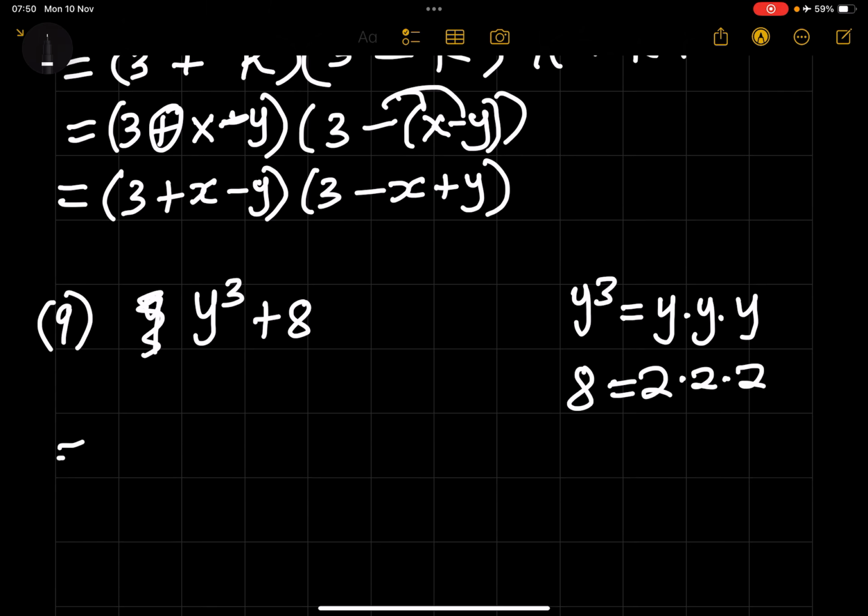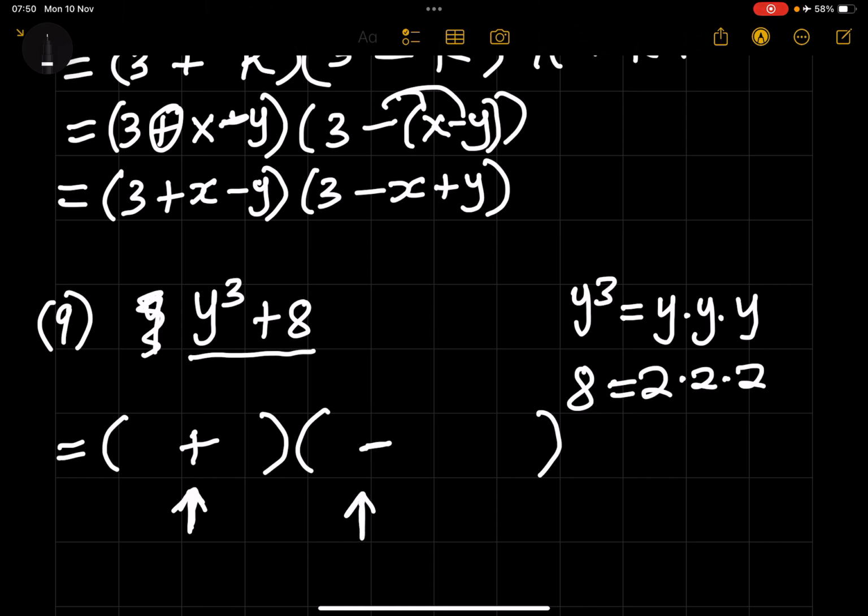So for cubes, you always open a small bracket and a bigger one, because you're going to have 2 terms in the first bracket and 3 terms in the second one. The sign between the given terms is a plus, so the first bracket takes the sign of the original. Here we switch. If this is a plus, this will become a minus. If this was a minus, this would become a plus. So those two signs always switch. The last one is always a plus.